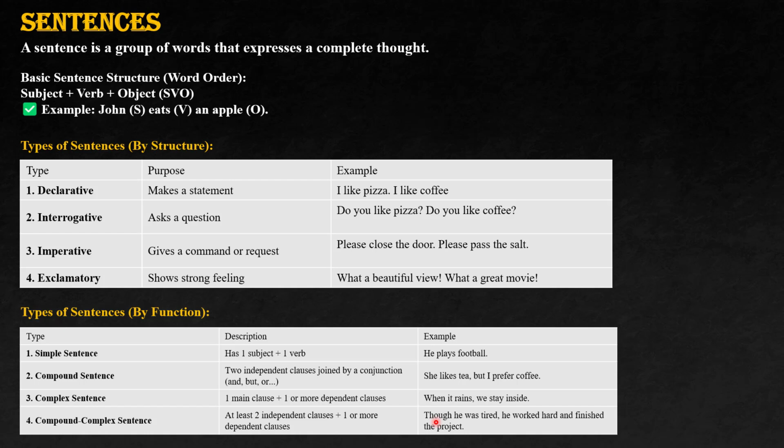This is again a different thought, right? Though he was tired, he worked hard. So he was completely tired, but he worked hard and finished the project. These are the dependent clauses, correct? He worked hard and finished the project. But this particular clause is not at all related to he was tired.